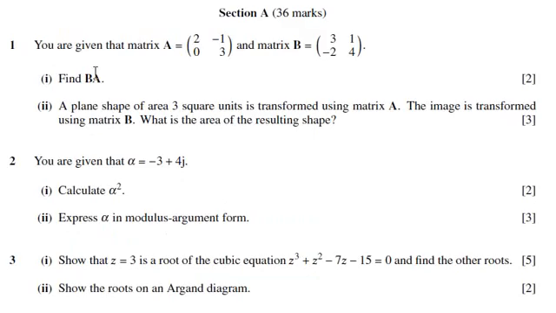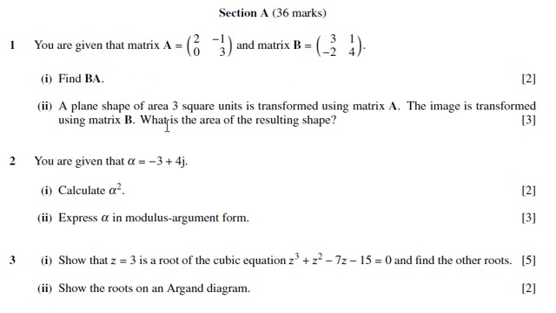Okay, so this is part 1. Now part 2, a plane shape of area 3 is transformed using matrix A. The image is then transformed using B. So essentially, you have transformed a shape by A, then B, which is equivalent to transforming with BA. And so now we need to find the area.